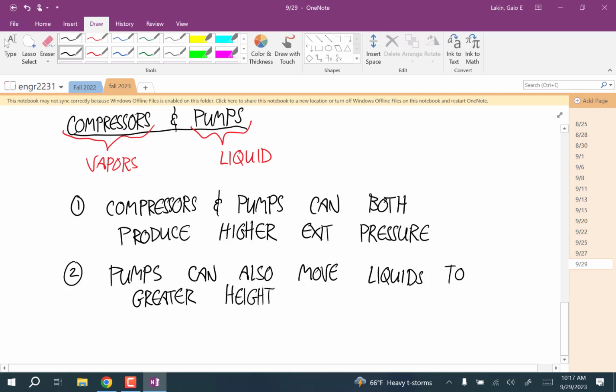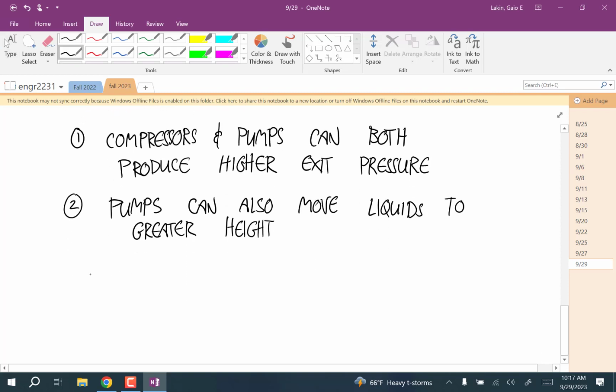Okay, so let's go through the standard simplification of compressors and pumps.